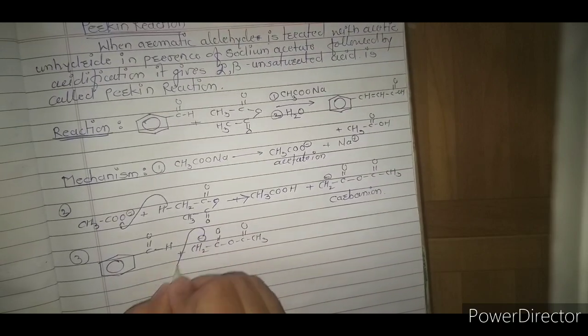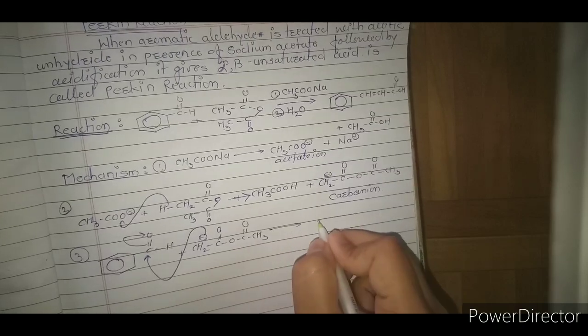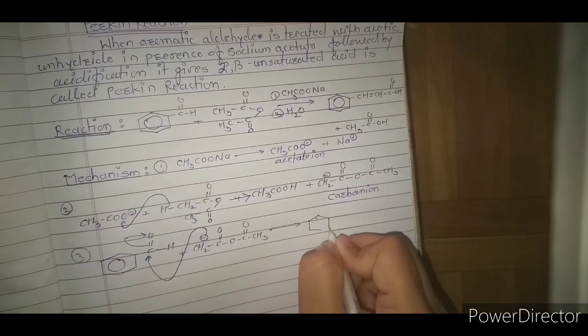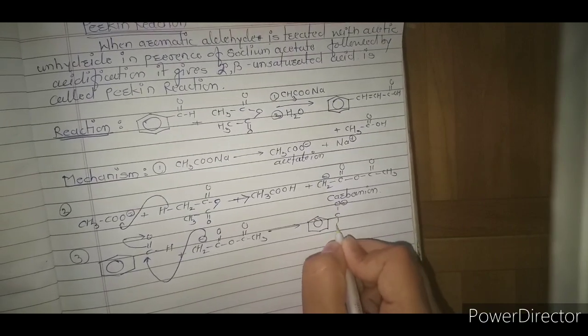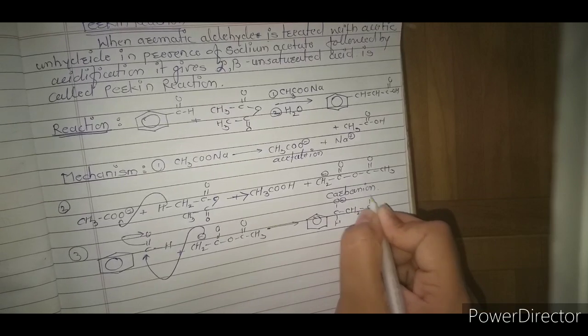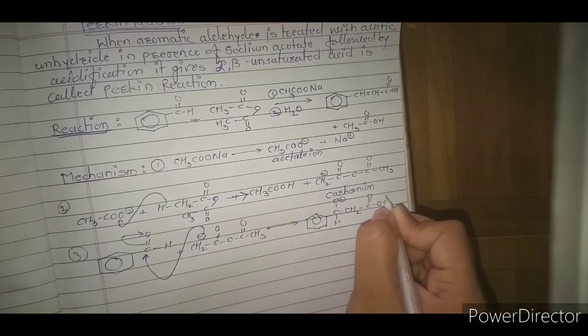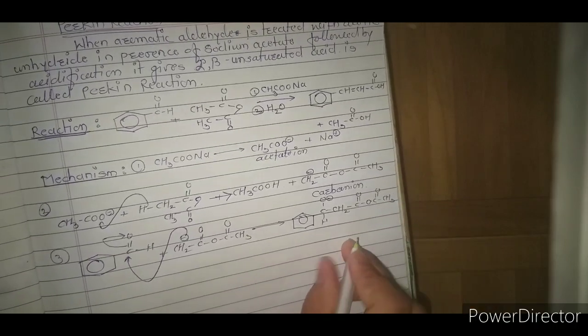Okay, so this carbanion attacks here, and this pi bond breaks and forms this intermediate, CO minus. It is CH2, C double bond O, O, C double bond O, CH3. Okay.